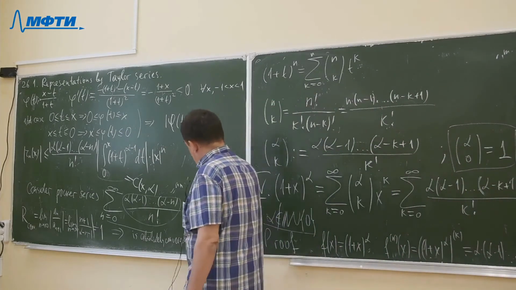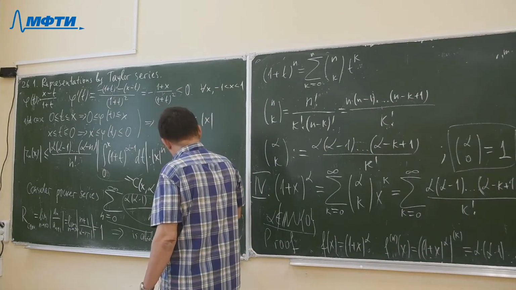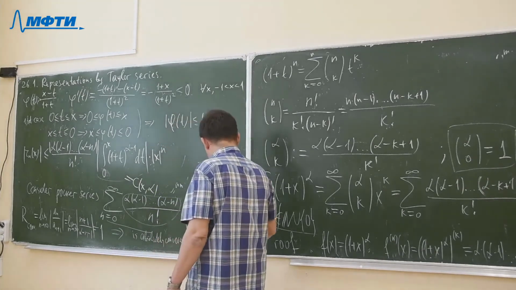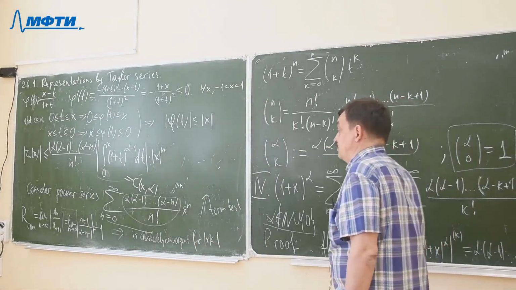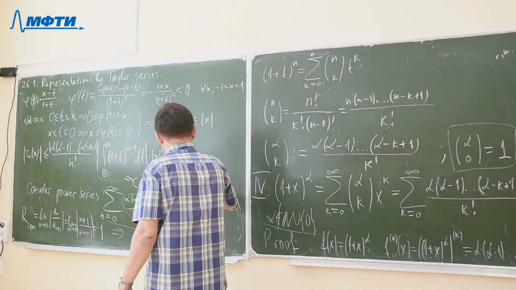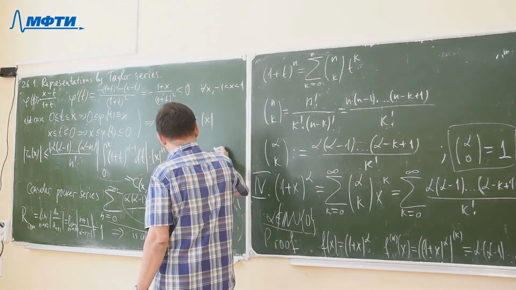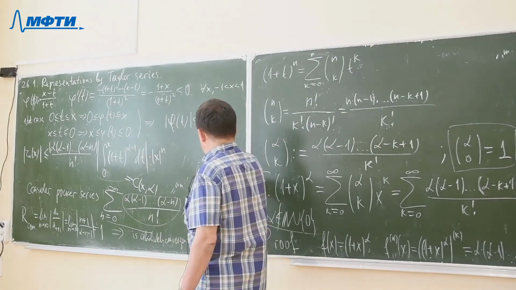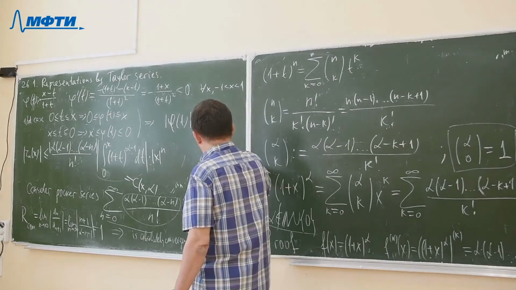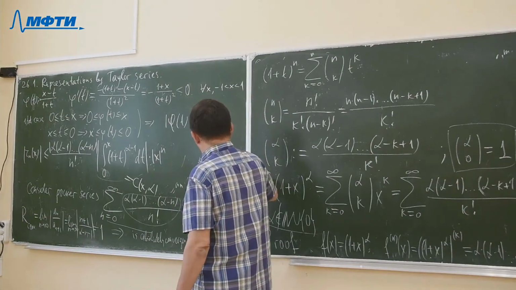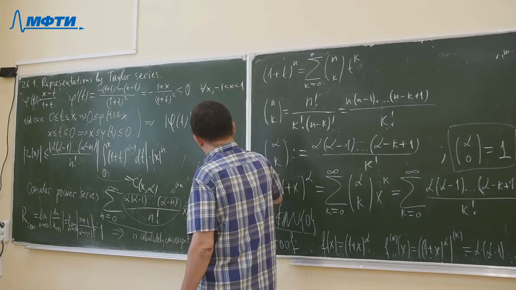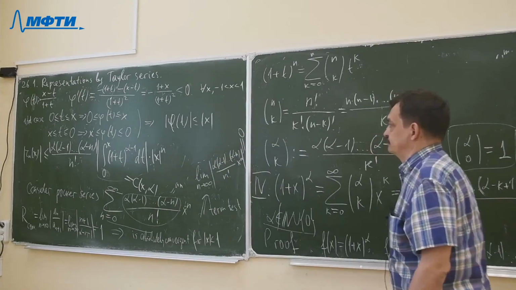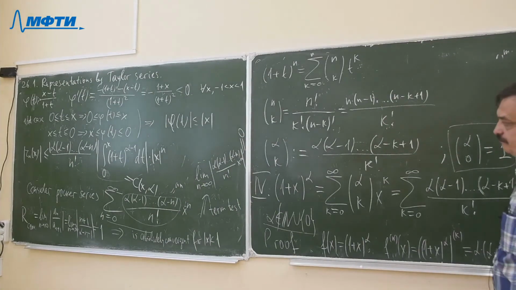But then by the term test, we obtain that the limit as n tends to infinity of the modulus of a term, that is alpha times alpha minus 1, and so on, alpha minus n over n factorial times x to the power n, is equal to 0. The limit equals 0 by the term test.